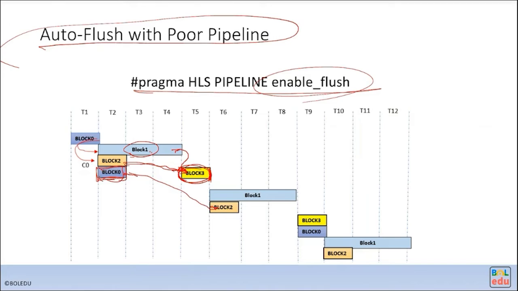Because when block 3 finishes the data, it will assert the continue. Remember the continue? So after block 3 finishes, block 1 and block 2 can start taking the input. In this case, you can see 1, 2, 3, 4: the throughput rate II equals 4. Every 4 cycles, you produce 1 output.